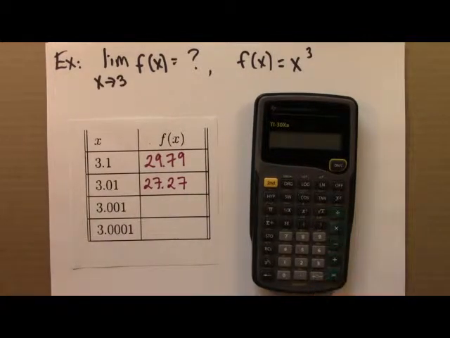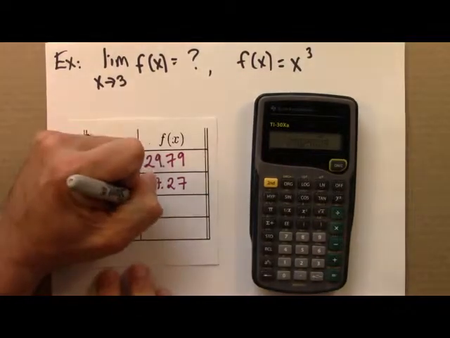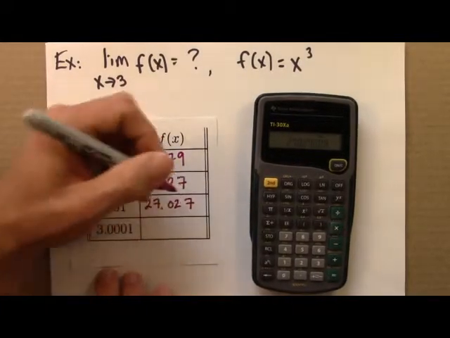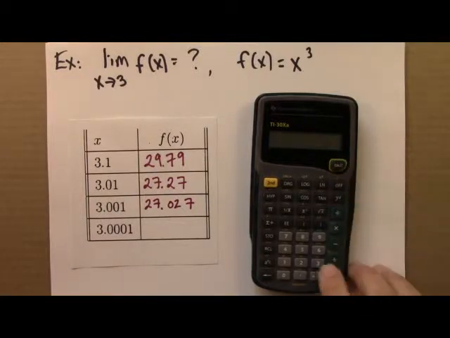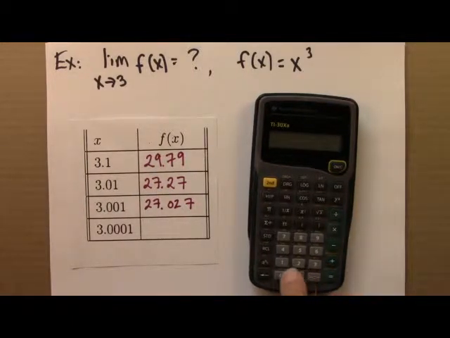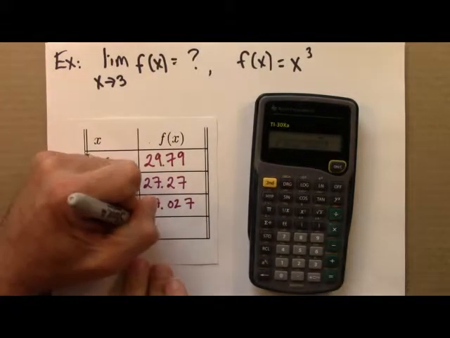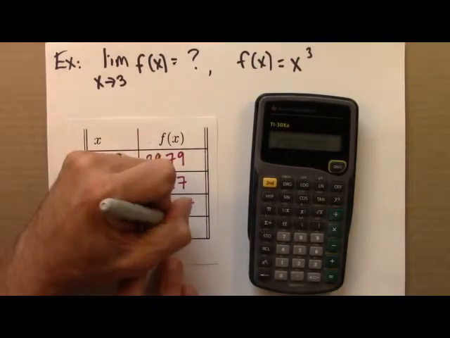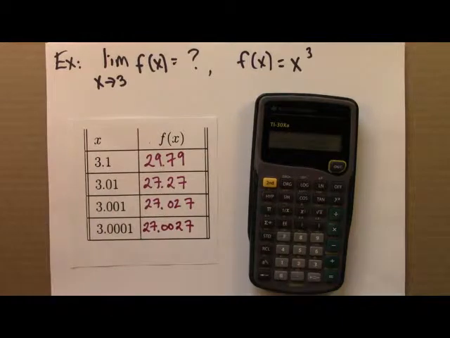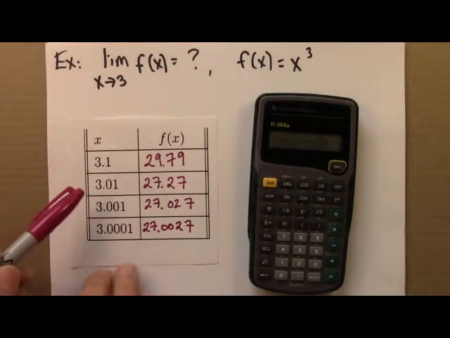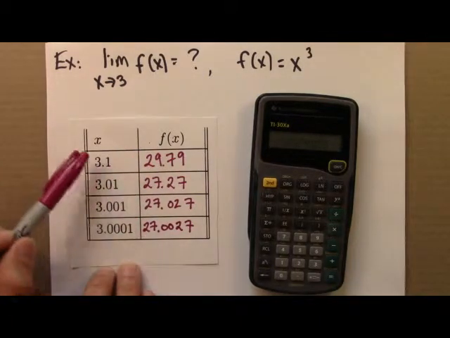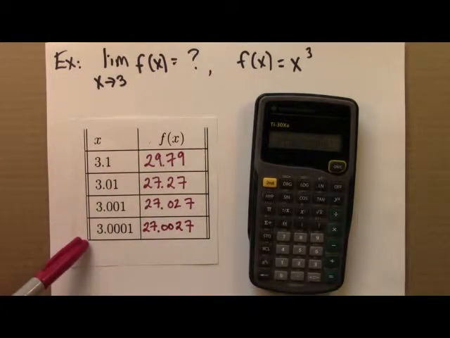What if I cube that? 27.027. Let's do one more. 3.0001 cubed equals 27.0027. So it sure looks like the function f of x is getting closer and closer to 27 as x gets closer and closer to 3.